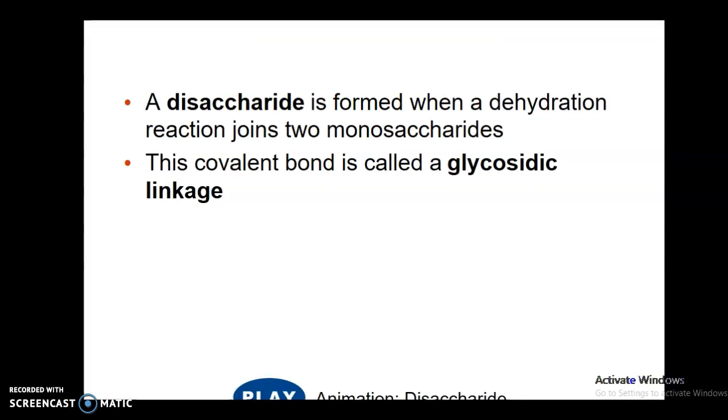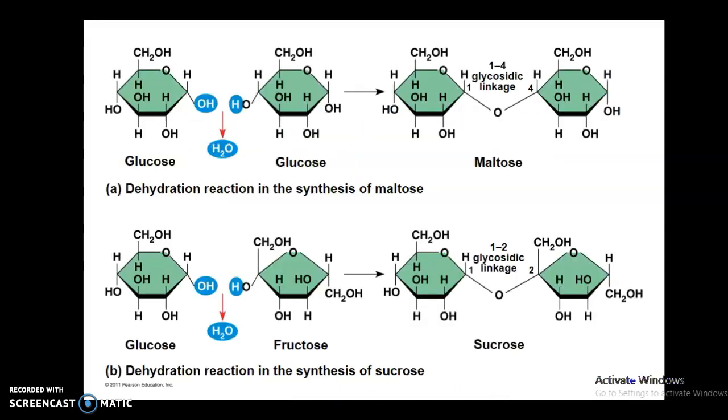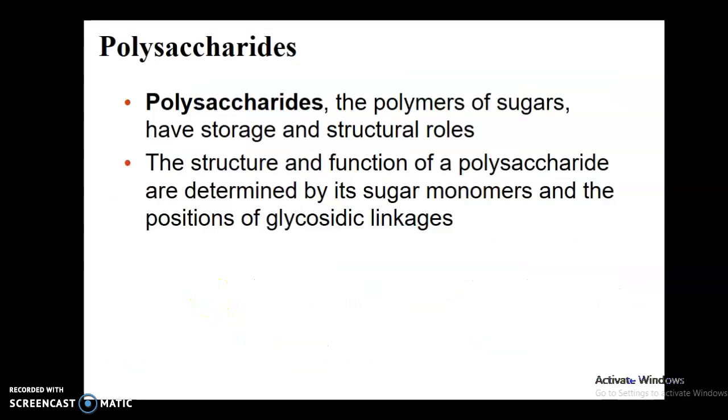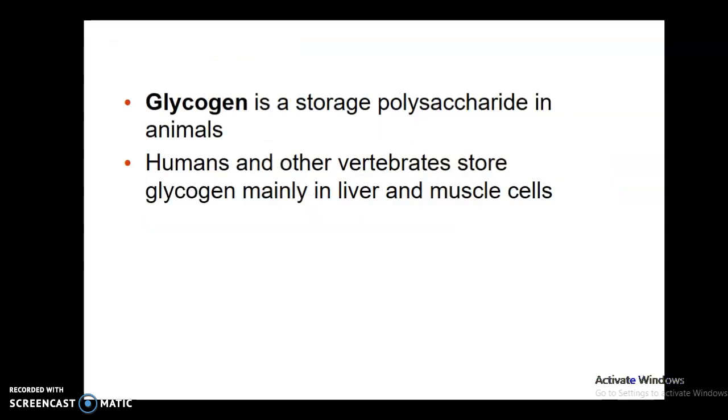And a disaccharide is when we have monosaccharides put together through dehydration. So more than one chain. So here we are seeing glucose, we're having water removed, and we get maltose. Here glucose and fructose join together, and we're getting sucrose. So sucrose is a disaccharide. And polysaccharides are well known for storage.